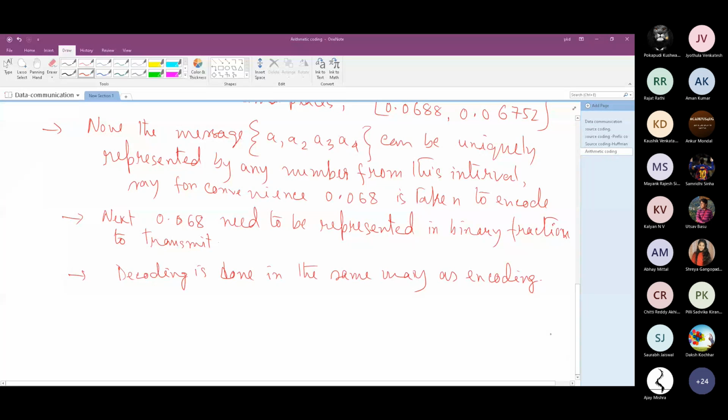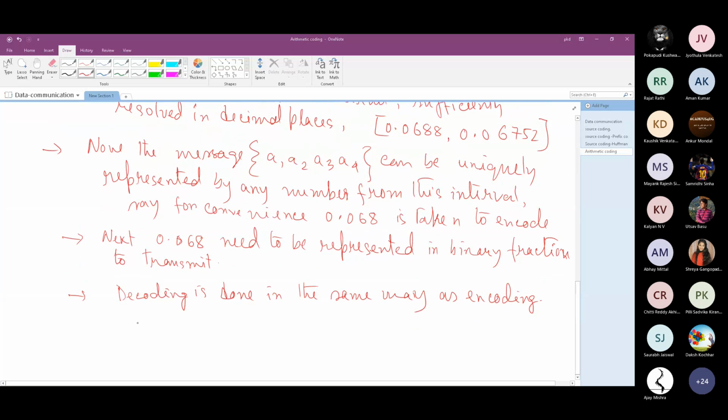So first we start from the beginning. Step 1: check which interval supports 0.068.